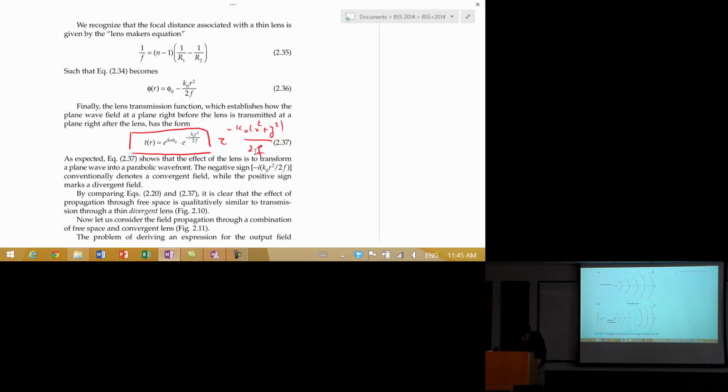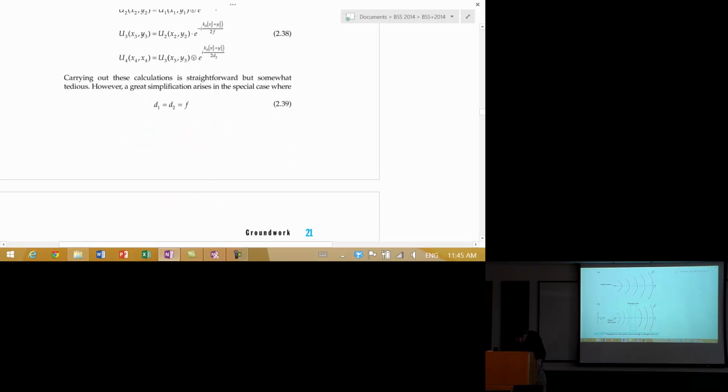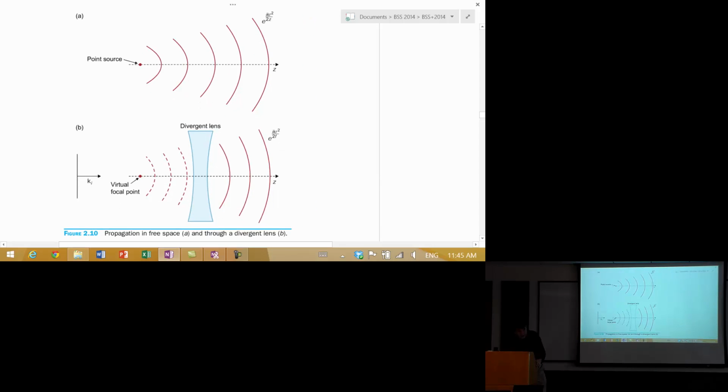So basically, this is the Fresnel approximation. Let's say I have a point source that diverges, right? This is equivalent to having the same field go through a positive lens, a convergent lens, that is going to be convergent. But the Fresnel propagation is actually identical to propagating through a negative lens, a divergent lens. So if I have, let's say, a plane wave incident, this is diverging, it's as if it's originating at this virtual focal point.